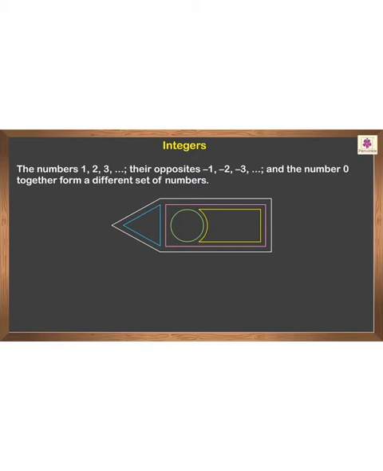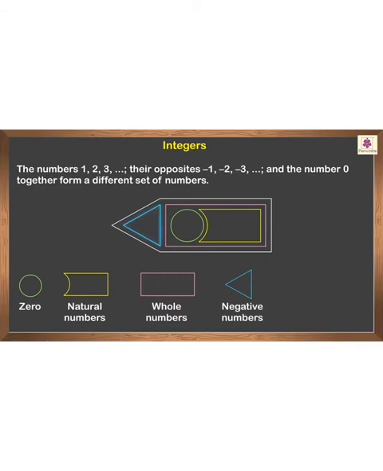In this combination, each shape represents a particular number or set of numbers. The circle represents 0. This shape represents natural numbers. The rectangle represents whole numbers. The triangle represents negative numbers. And this shape represents integers.